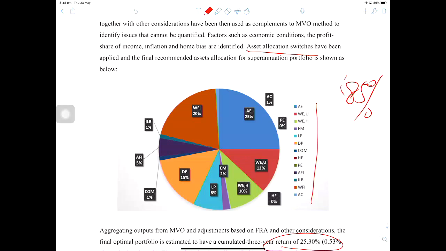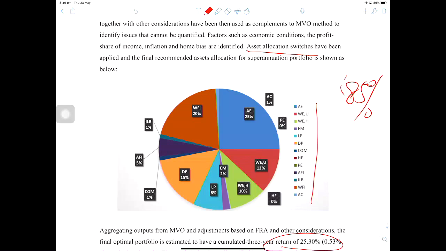So the presentation, the pie chart, there are too many of them in there. With a pie chart, if you have 4 or 5, even 6, it's going to be quite easy to identify who's who. But here, you're given probably 1, 2, 3, 4, 5, 6, 7, 8, 9, 10, 13 asset classes.